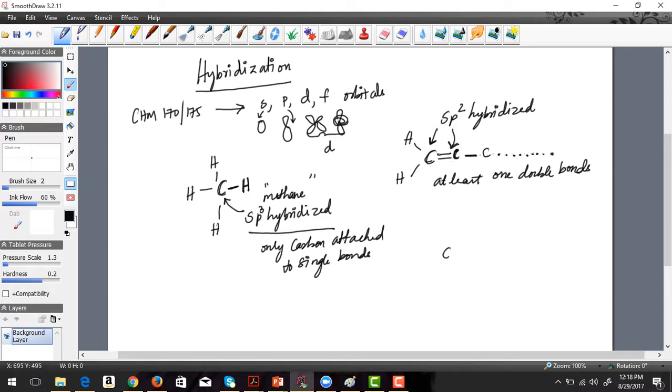Now let's say you have a compound. Again, I am only going to give you a snapshot of a larger compound, because you don't need to know the larger compound in this case to understand the concept.